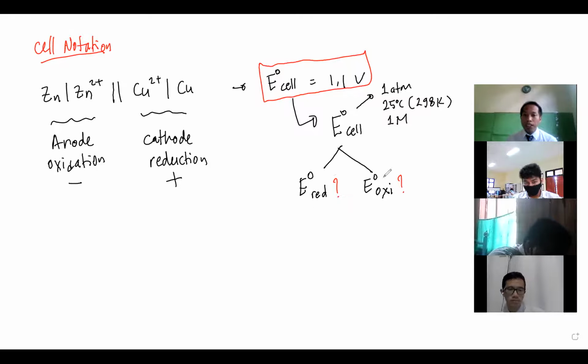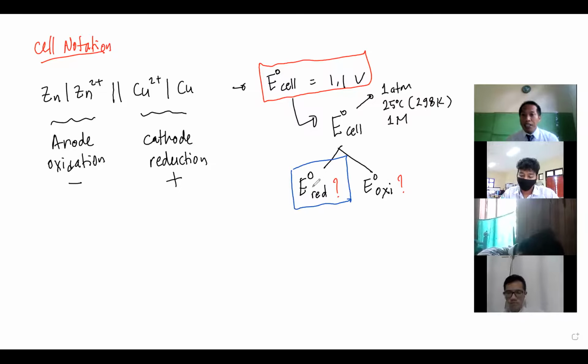By convention of the chemists, they prefer to use E0 reduction, not E0 oxidation. If E0 reduction is found, then E0 oxidation can be found if you know the E0 cell.